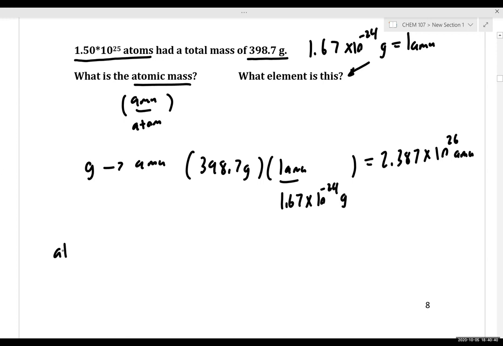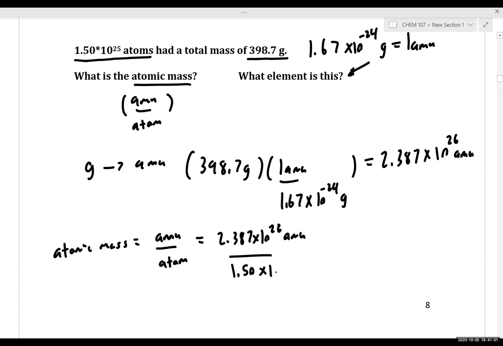Now to calculate our atomic mass, we need the mass in AMU per atom. So we take our mass in AMU and we divide it by the number of atoms.